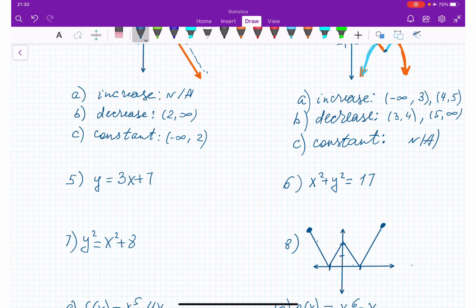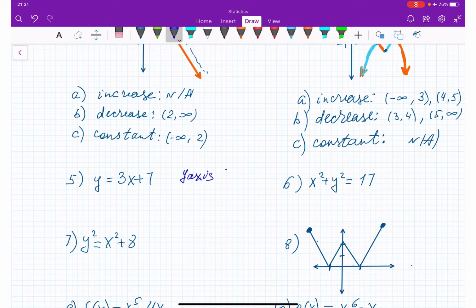When the graph of an equation is symmetric with respect to the y-axis, let me use a different color here so we can identify. Okay, a little bit better.